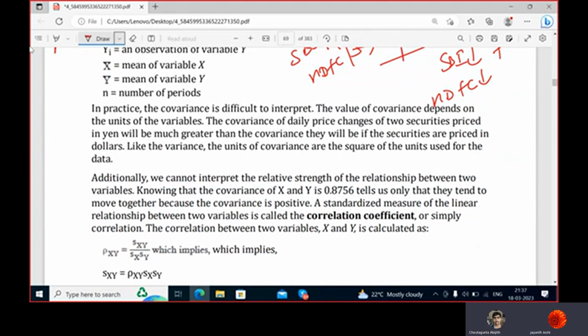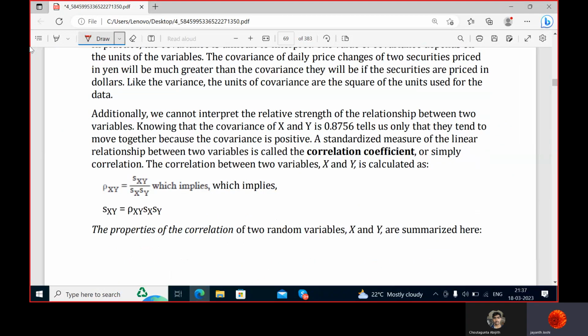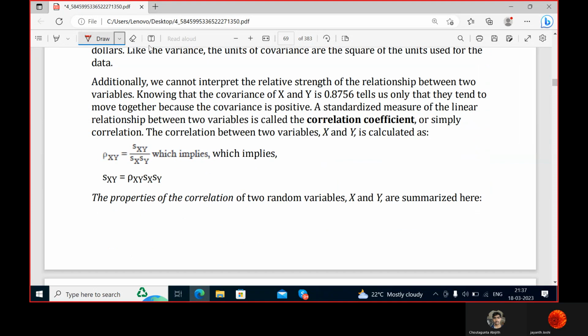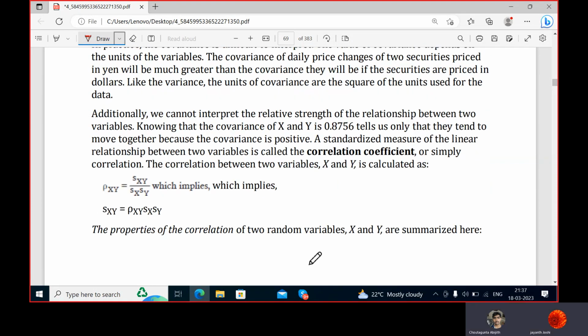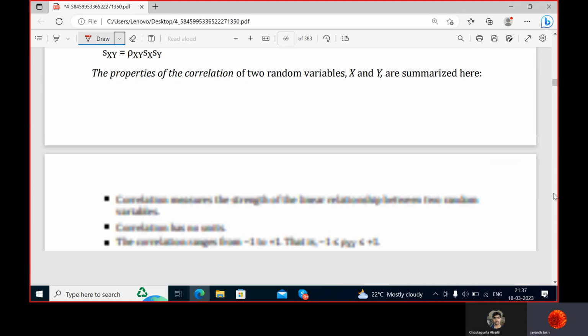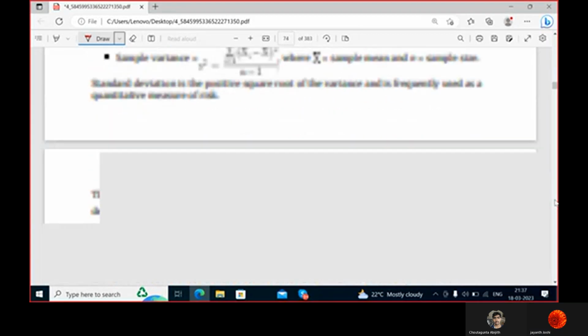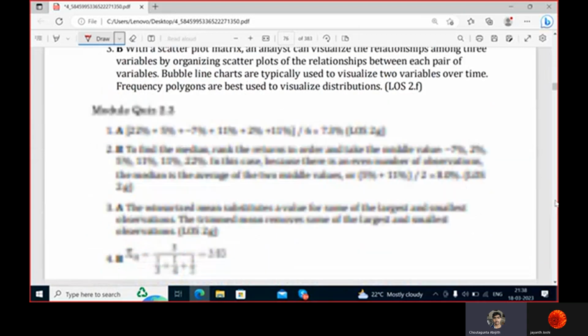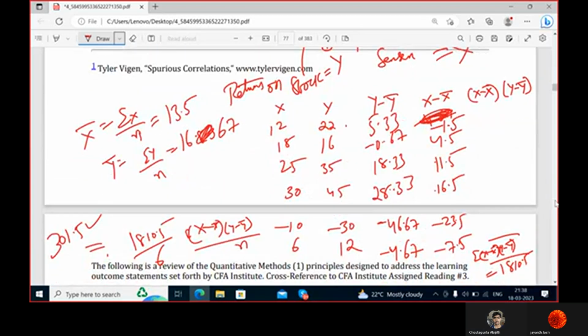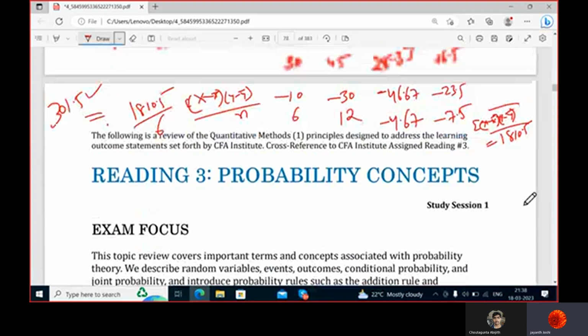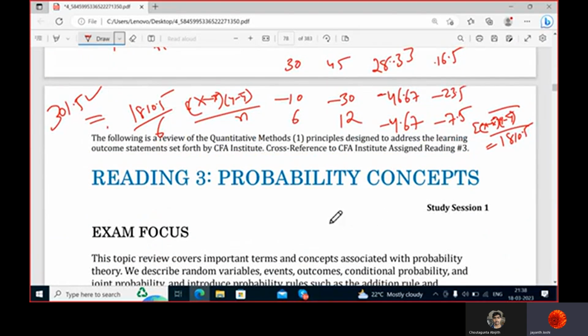So now this covariance we got, fine. Why are we then going for correlation? The problem with covariance is we got 301.5.